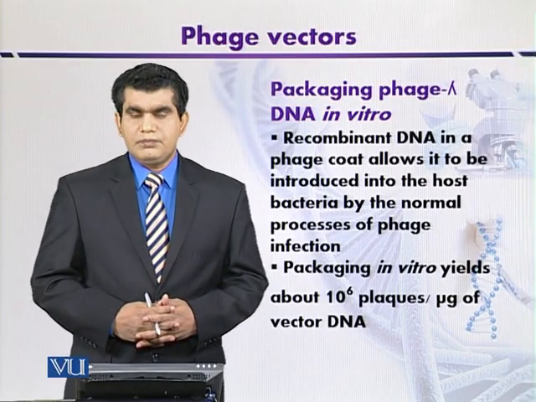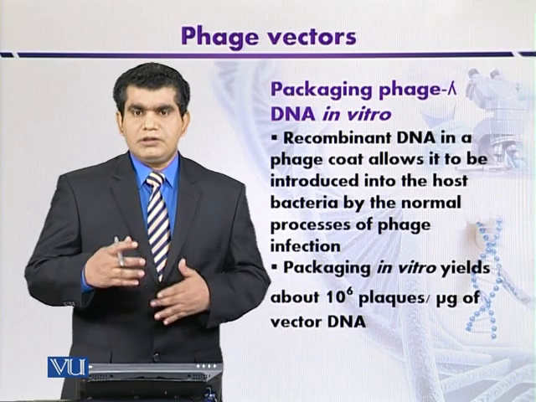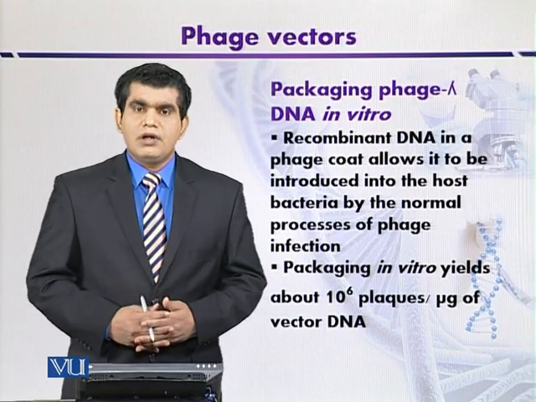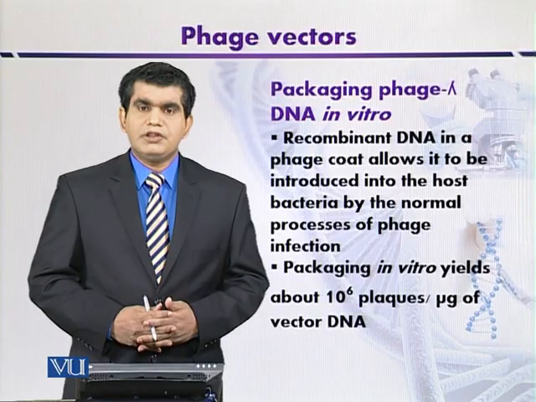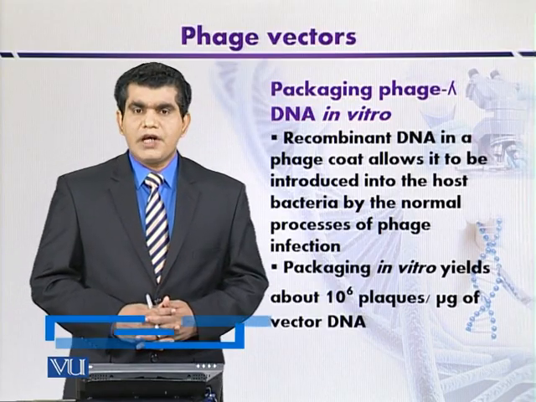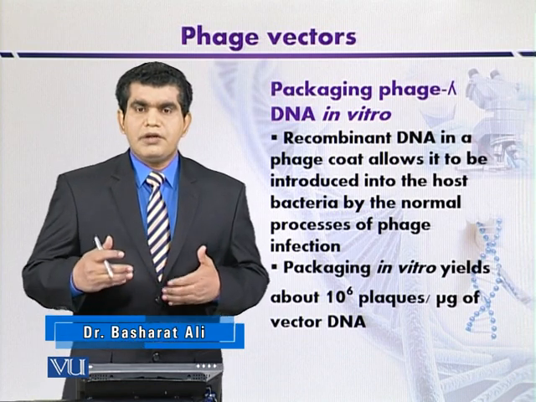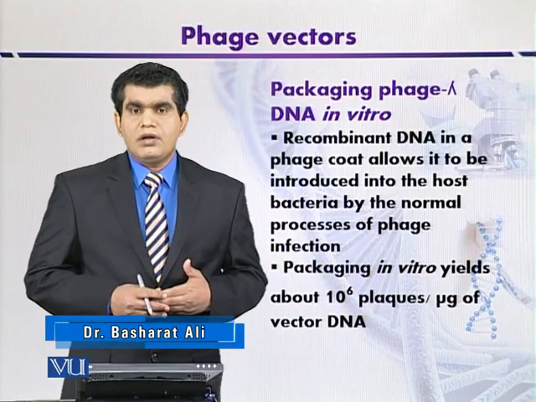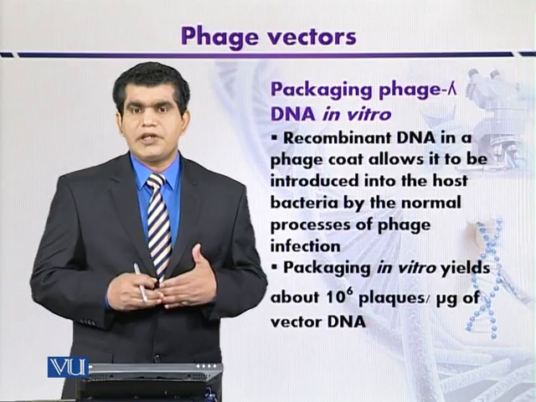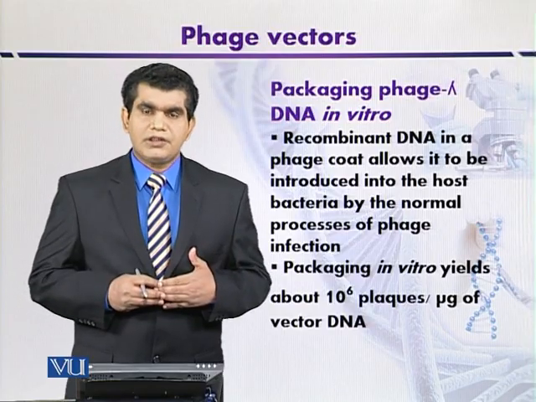So the efficiency of plaquing is more or less optimum if we use unmodified lambda genome. On the other hand, if we use modified derivatives, then the frequency may be reduced. For example, the plaque formation may be up to 10⁻³ to 10⁻⁴ plaques per microgram of vector DNA.